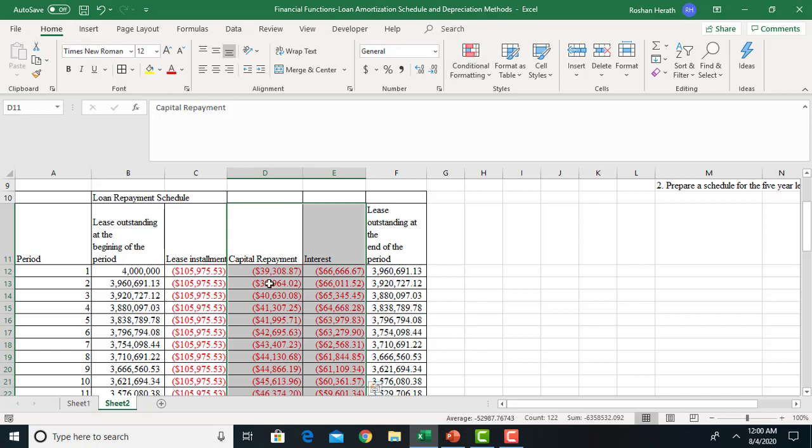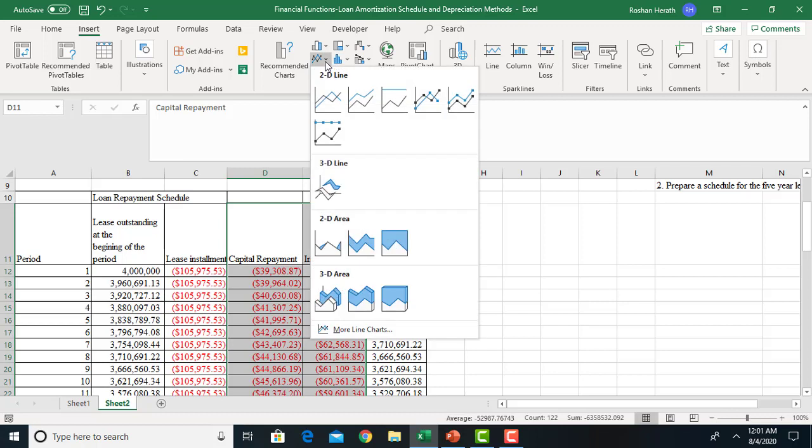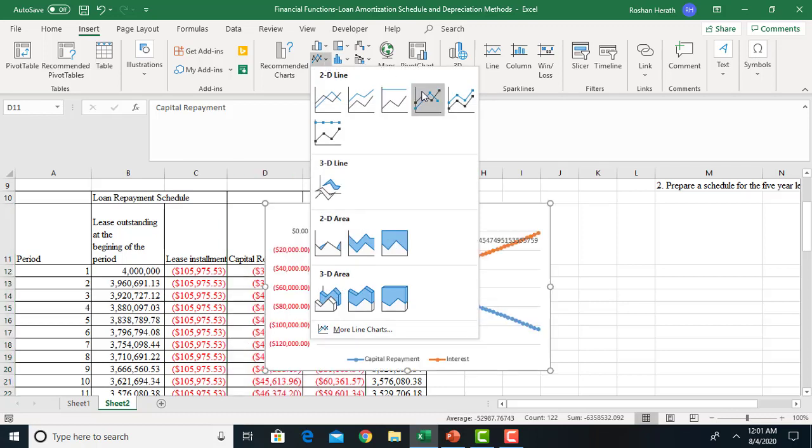So in order to do that, you can go to Insert. There you can select a suitable chart for this. The line chart may be suitable for the situation. Then you can select a particular type which provides a good understanding of this.